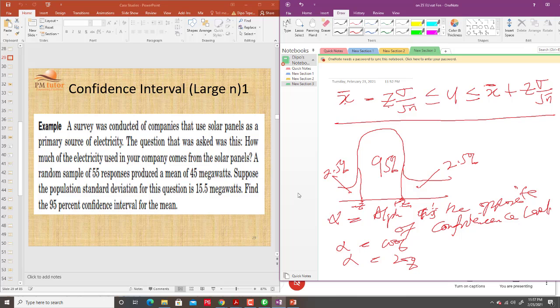That means you go inside the table and track it down to the z. We did this many times. You've used 2.5% to find out the z. 2.5% is the same thing as 0.025. Do you get it now?